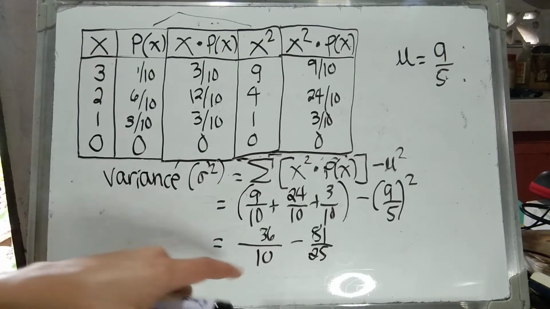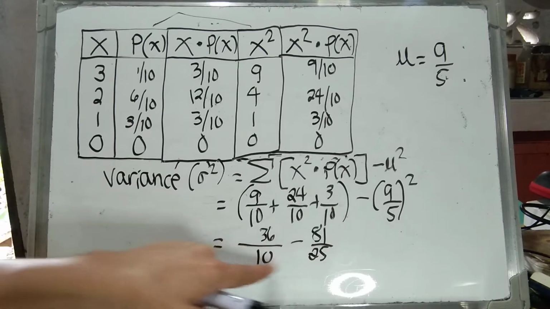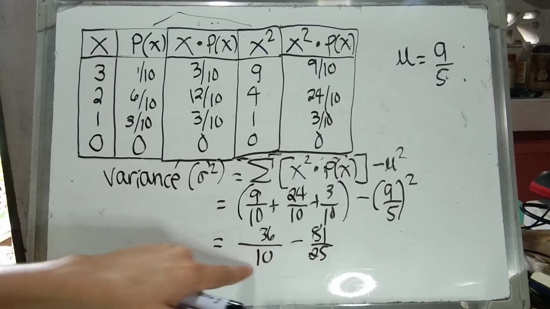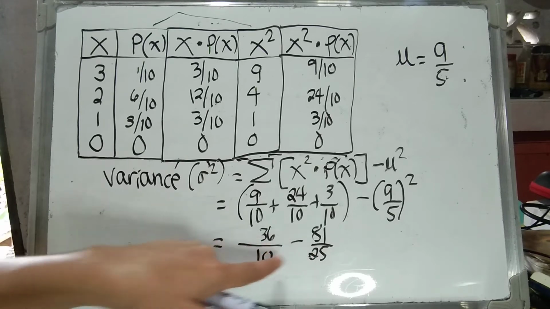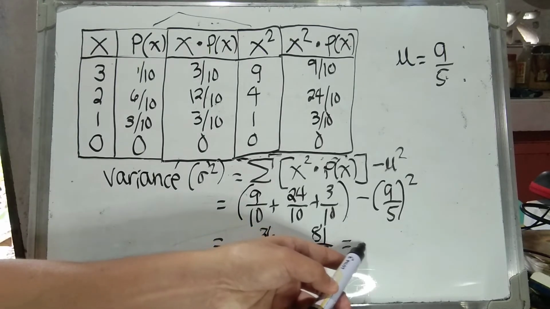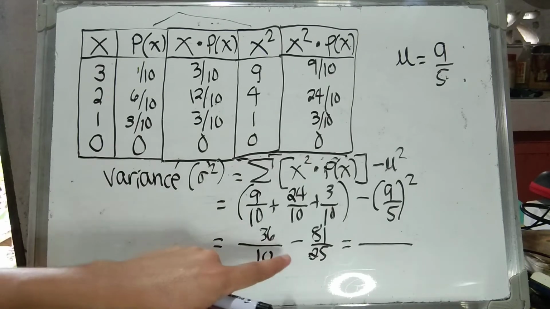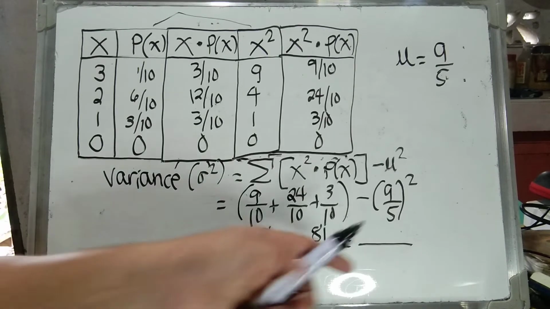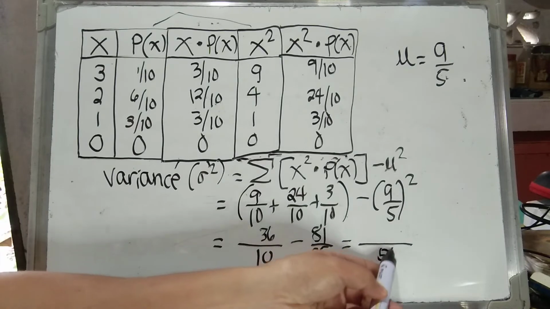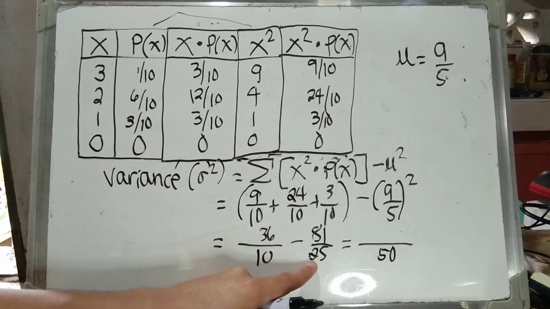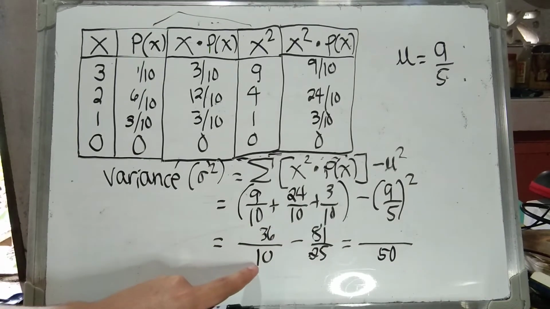Now here we have to subtract the two fractions, and to combine them into a single expression, we make use of the LCD. The LCD here is 50, the least common denominator, because 25 times 2 is 50, and 10 times 5 is 50.